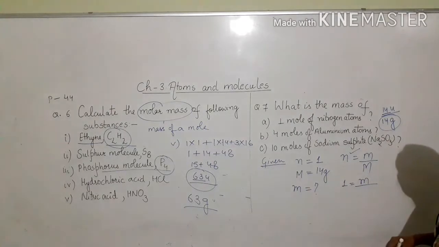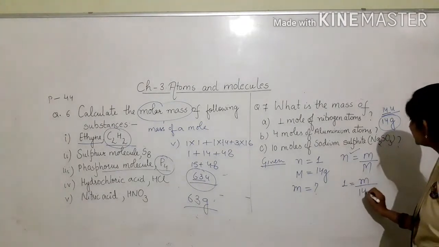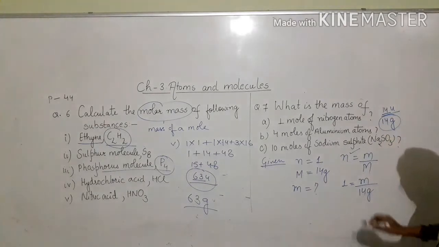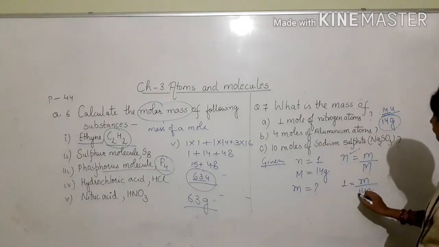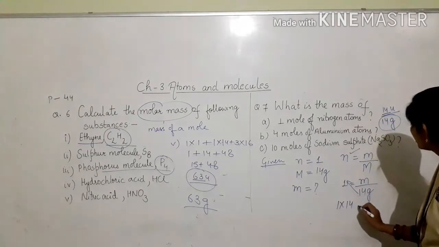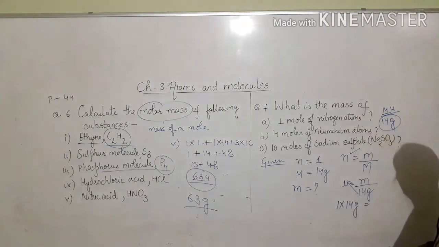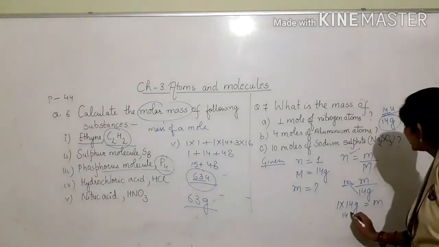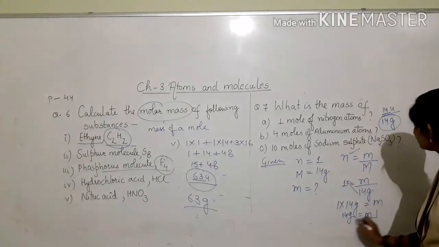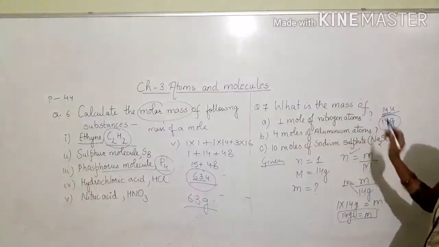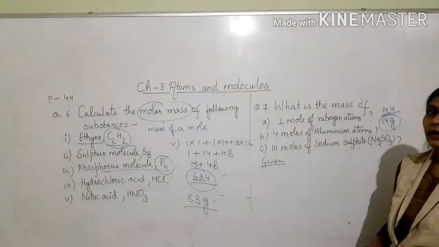Upon molar mass denoted with capital M, 14 gram. Now, transfer 14 gram from right to left side. It will multiply 1. So, now m is equal to 1 into 14 gram. 14 gram is equal to m. So, what is the mass? 14 gram of 1 mole of nitrogen atoms.